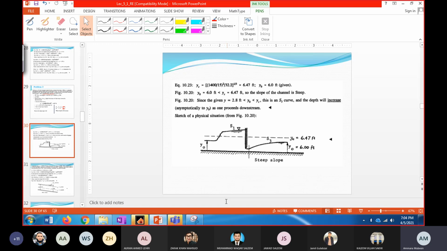When there is any obstruction in the flow and there is a change in the parameters of flow like depth and velocity, then it means that there is a control section somewhere upstream or somewhere downstream.